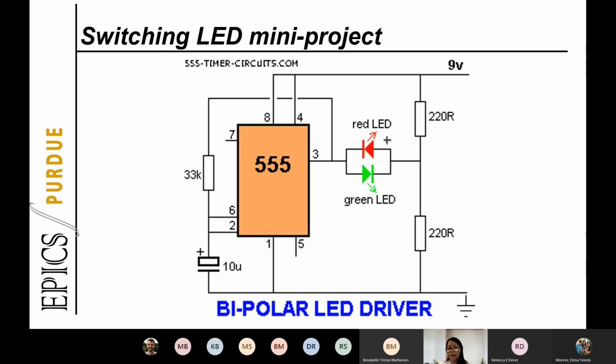So we're going to be using a 33 kilo ohm resistor, a 220 ohm resistor, and another 220 ohm resistor. We will be using a capacitor, a 10 microfarad capacitor. And we also will be using 2 LEDs, one red and one green.